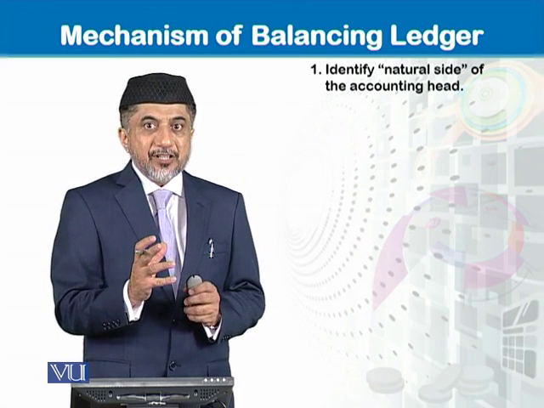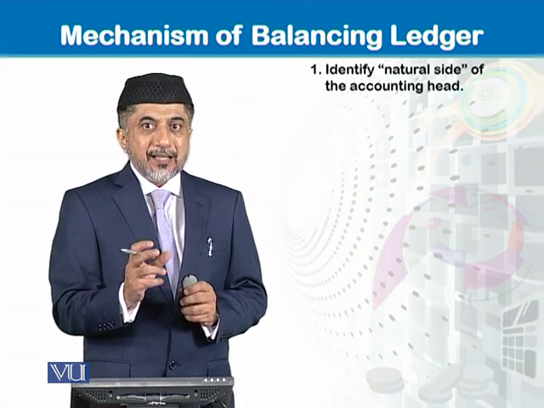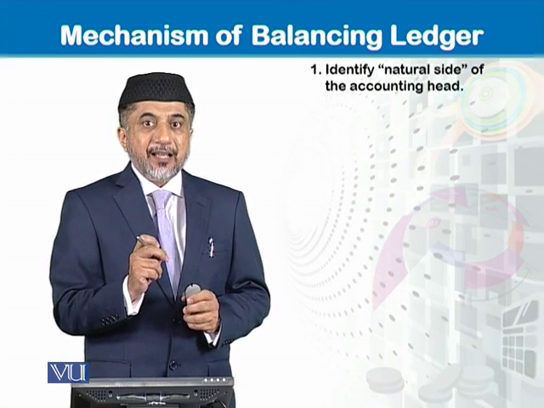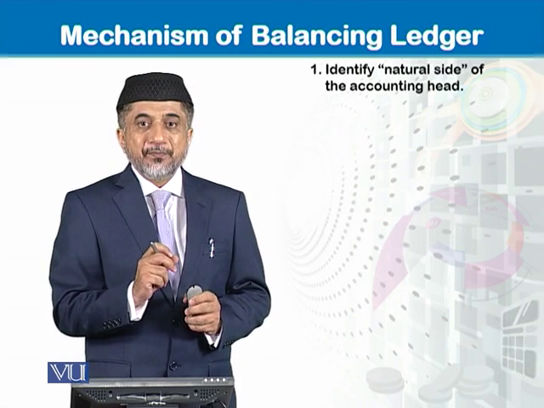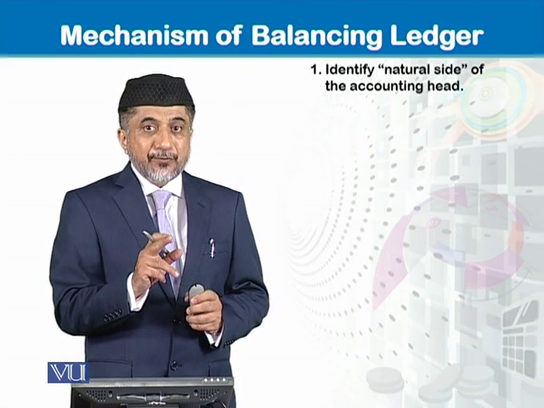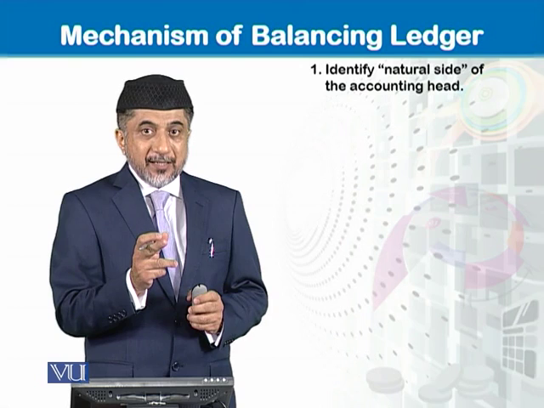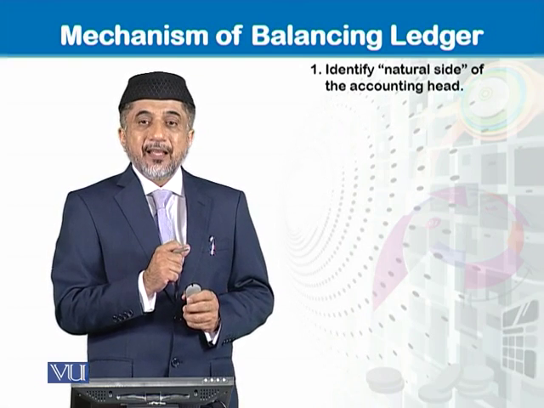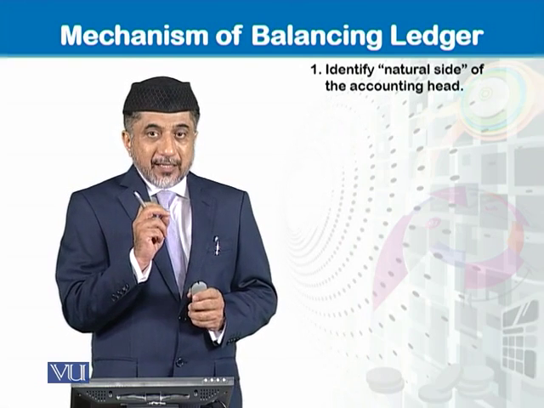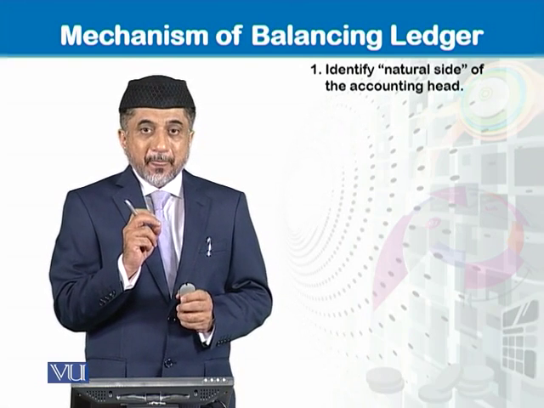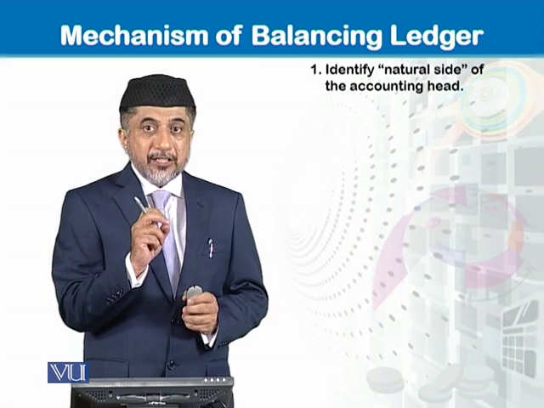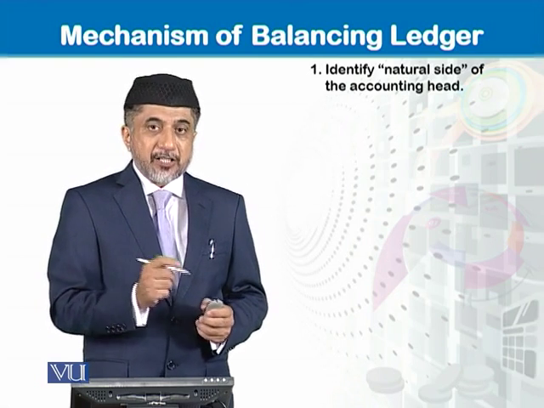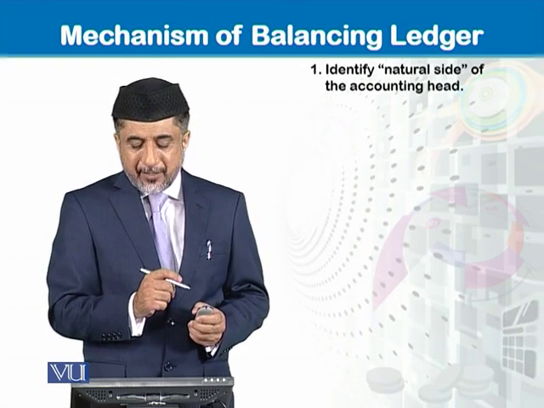When I'm saying natural side, I mean the debit side for assets and expenses, and the credit side for capital, liabilities and income. So number one step is that we have to identify the natural side. So the natural side in this bank account is debit.